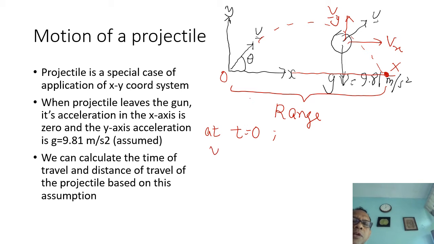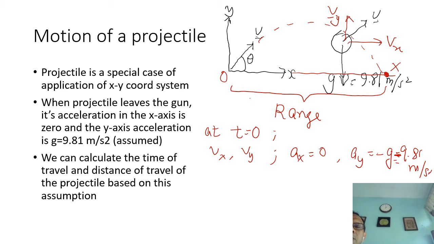So we know that Vx is a certain number, and we have a Vy. Vx stays constant over time, and Ax, there is no acceleration in the x direction, and there is acceleration in the y direction, which equals minus g, which is minus 9.81 meters per second squared. This is downwards, yeah.